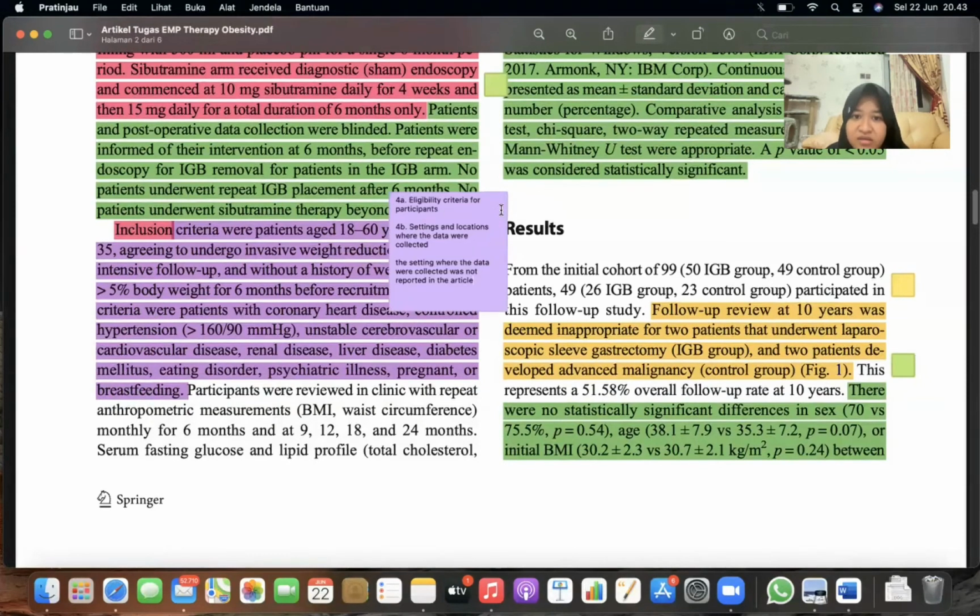Okay, the next is 4B, setting and location where the data were collected. The setting where data were collected was not reported in this article.